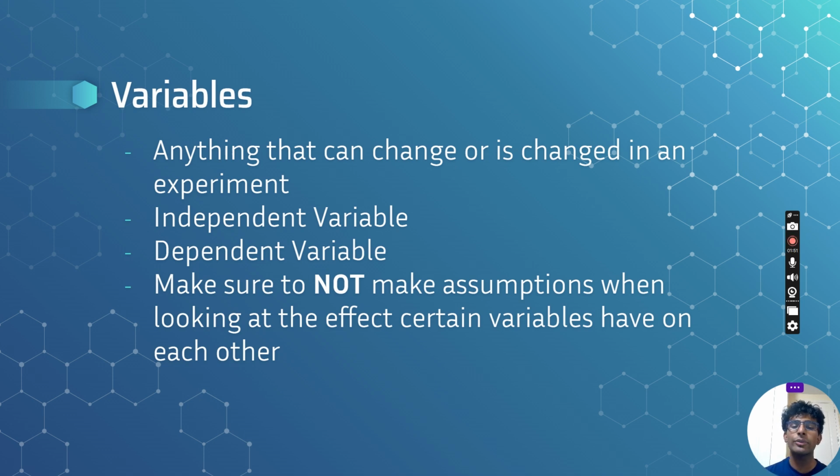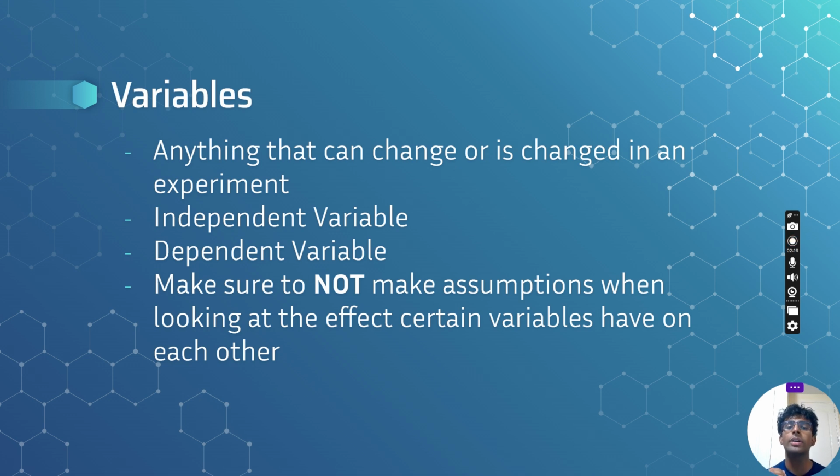So for an example, if we have different types of fertilizer and we're trying to look at its effect on plant growth, right? Our independent variable, what we're changing, is the type of fertilizer. That's different for the plants. And a dependent variable, that's the variable we are measuring. That would be the plant growth in this case, because we're trying to look at how does type of fertilizer affect plant growth compared to normal plants.